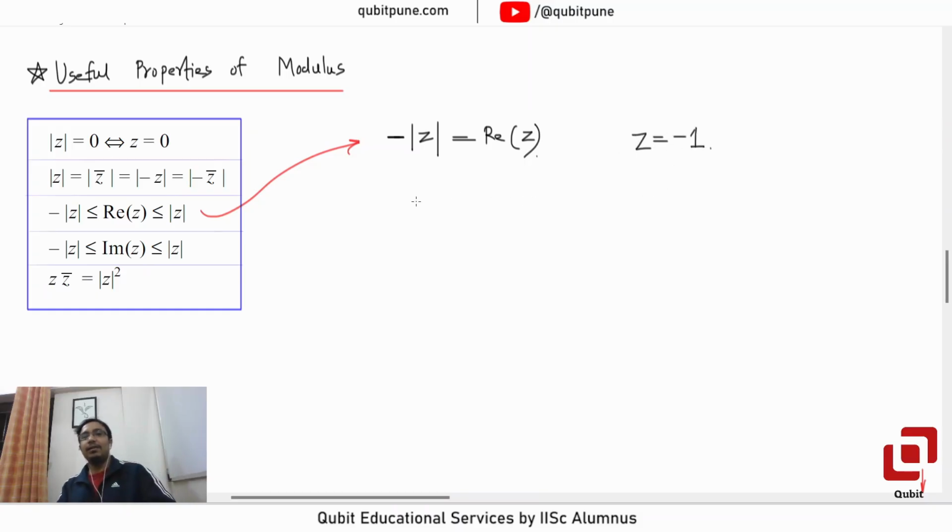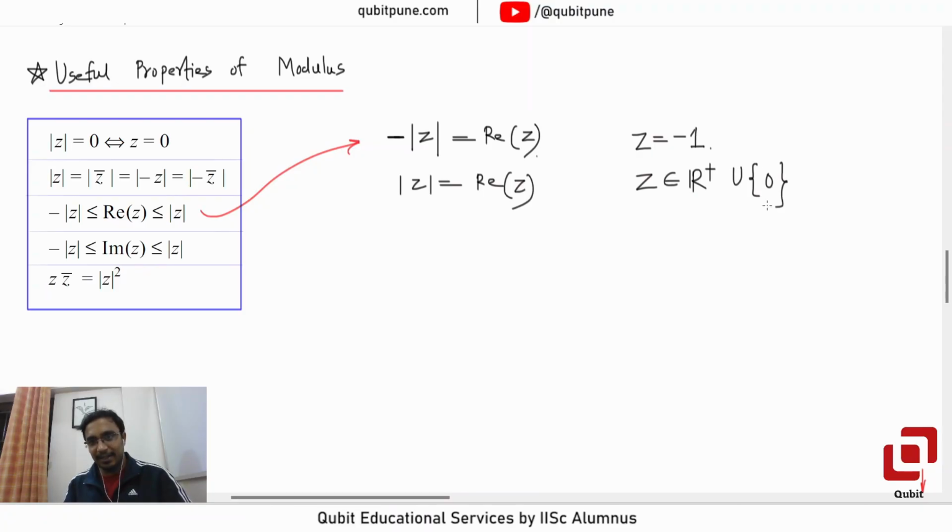Real part is negative 1, mod z is 1, so that will work. And any complex number for which mod z is equal to real part of z? All positive real numbers. Okay, z belonging to R plus union 0. Even here we can include 0, but that is as good as a trivial solution.